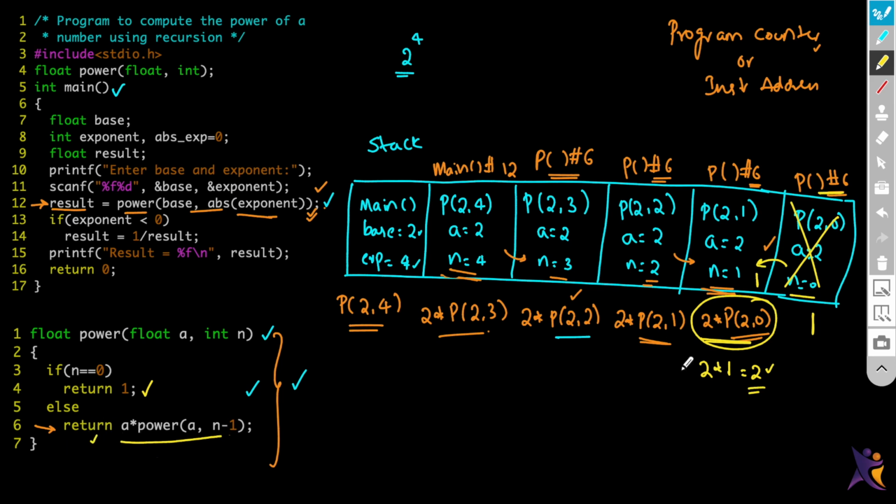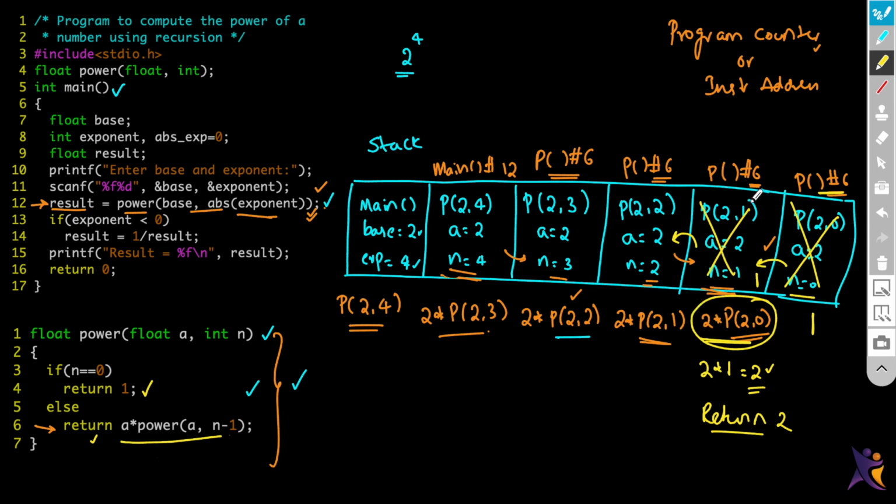So this will return 2, right? This is the statement we have in this activation record. So 2 will be returned to its caller, and this activation record will be popped off from the stack.